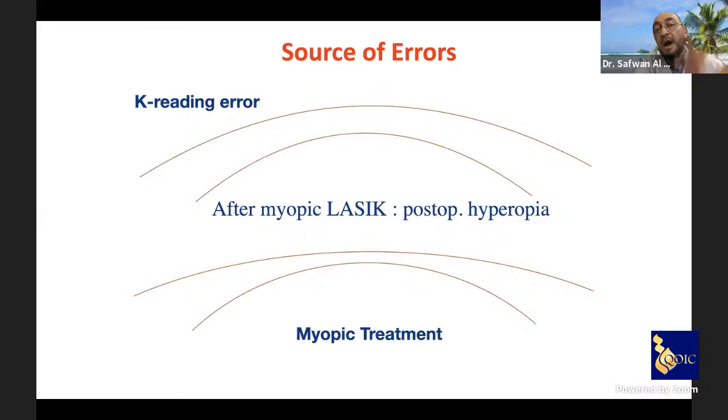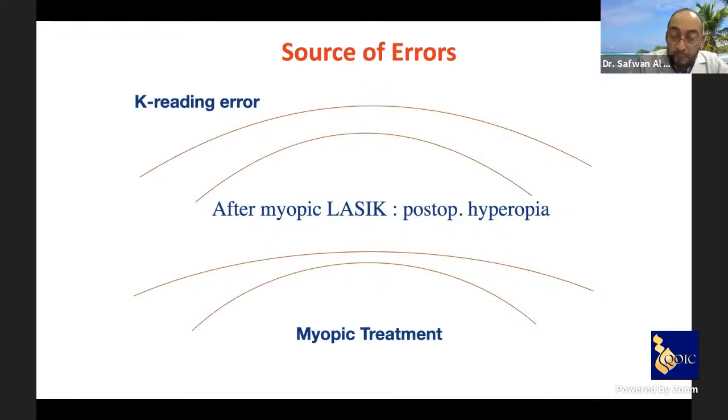The cornea at the start was normal, and what we did is ablate the surface. So we changed the contour of the cornea and made it thin and flat in the center, and the power is changed totally in the anterior view. If we depend on the anterior reading or anterior K, 100% we will have a post-op hyperopic shift.